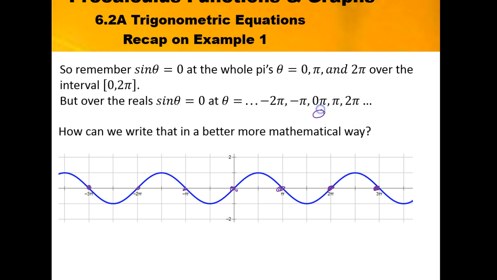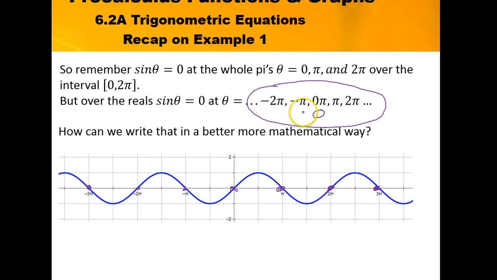Remember 0 pi I could just also write as 0. So those dots mean generally that 3 pi, 4 pi, 5 pi, 6 pi, 7 pi, and so on are covered. And then before that, negative 3 pi, negative 4 pi, negative 5 pi, negative 6 pi. So writing it this way is better than just saying it the whole pies, but it's really not the most explicit way.